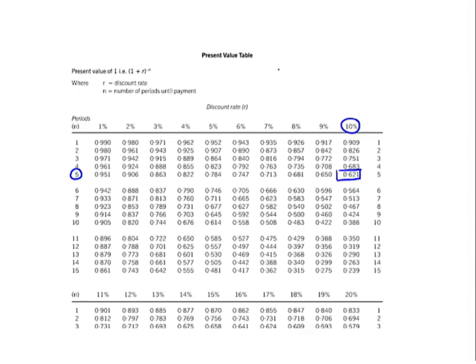So that is 0.621. And in example 5, the present value was equal to the terminal value of 1,610 multiplied by the discount factor of 0.621. And that gave us the answer of 999.81.